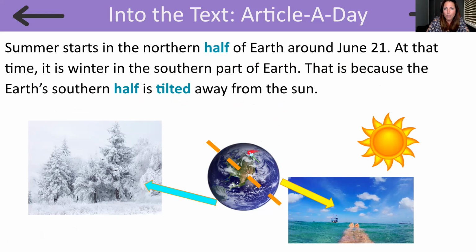So when the northern half of the Earth has summer because it's tilted towards the sun, the southern half of the Earth has winter because it's tilted away from the sun.